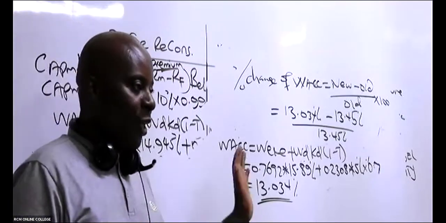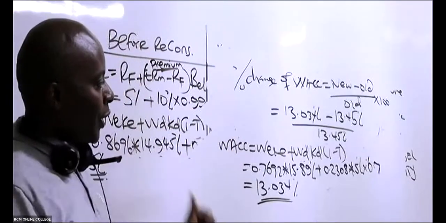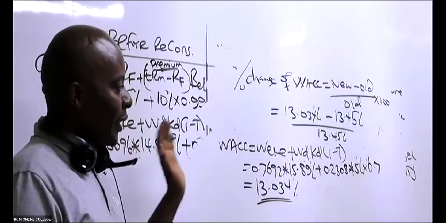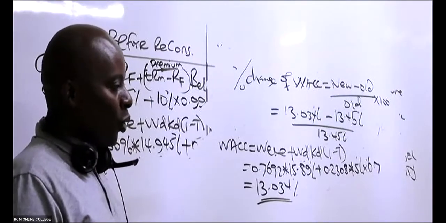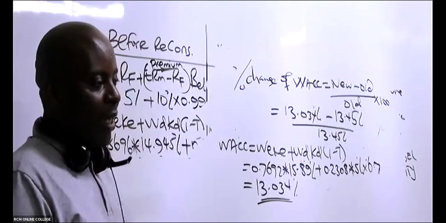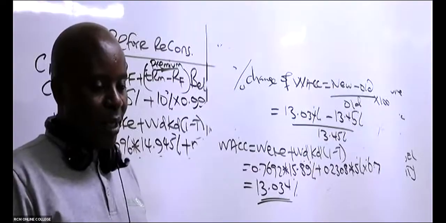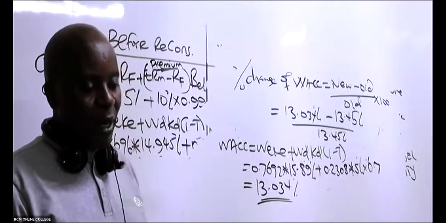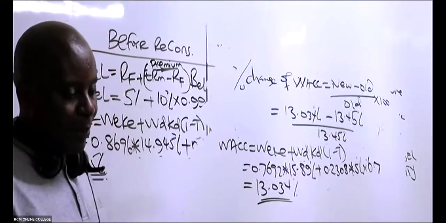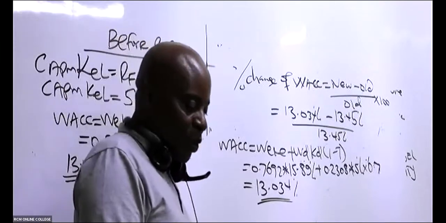So if I were you, I would forget all the percentages. Take 13.034 minus 13.45 equals whatever answer I get, divide by 13.45 equals 0 point something, then times 100.